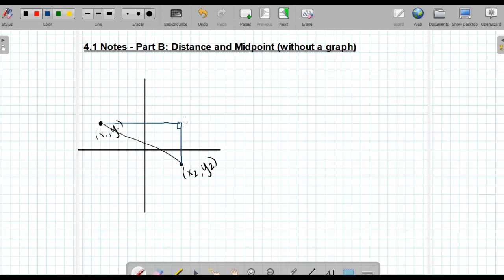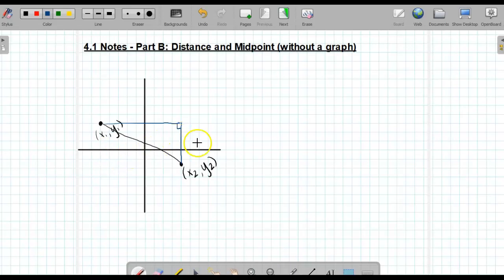I'm going to show you where the formula comes from, because I have some students that really don't like the distance formula, which is kind of a long formula. They're really bad at memorizing things. So I'm going to show you how you can do this with the formula, or kind of without the formula.